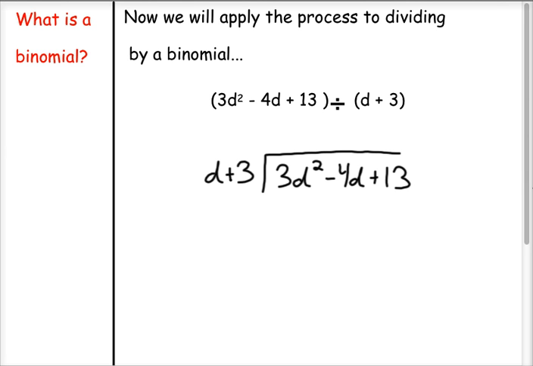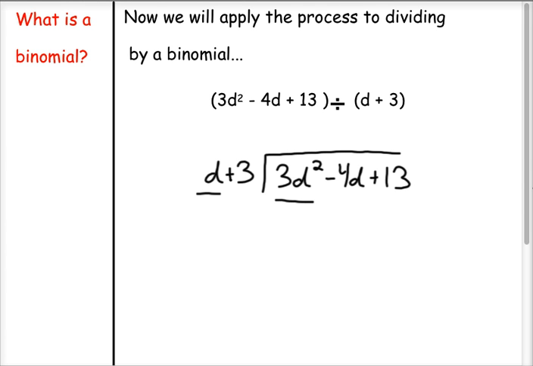The way that I'm going to show you is I'm always looking to see how I can get this first term to cancel that first term. I'm looking to be able to get them to cancel. So, what can I multiply d by to cancel 3d squared?